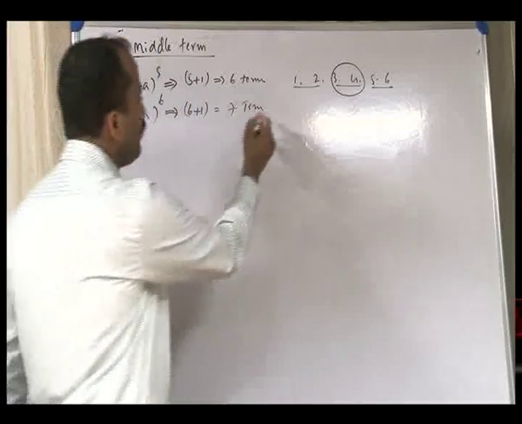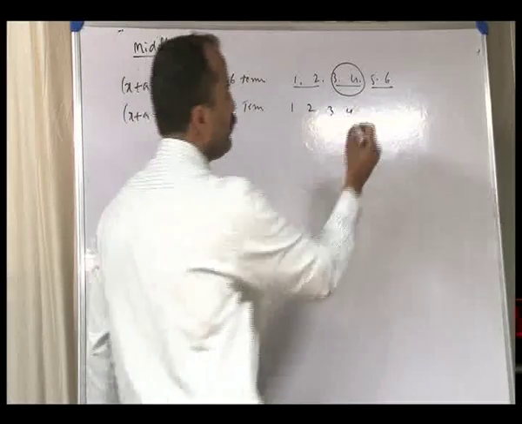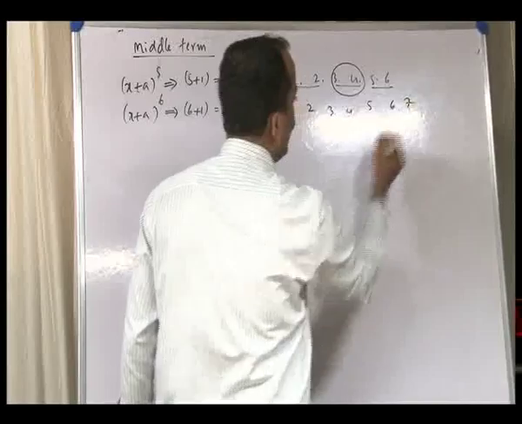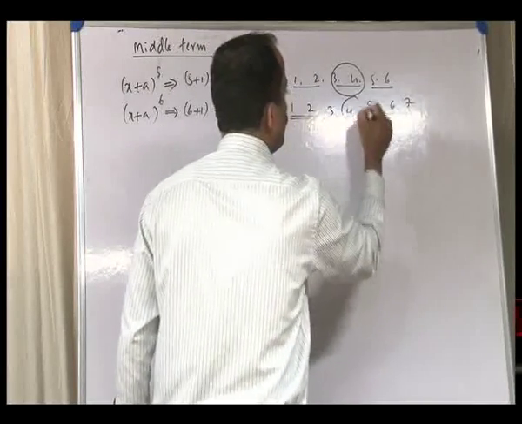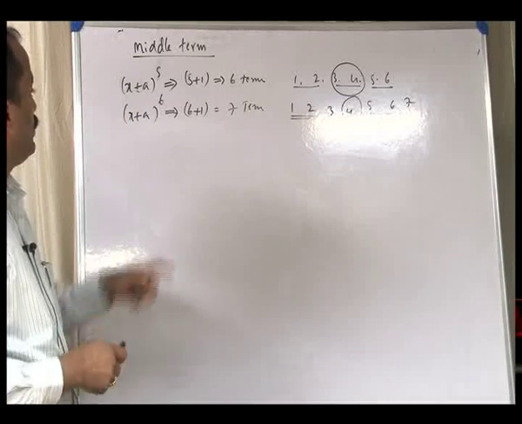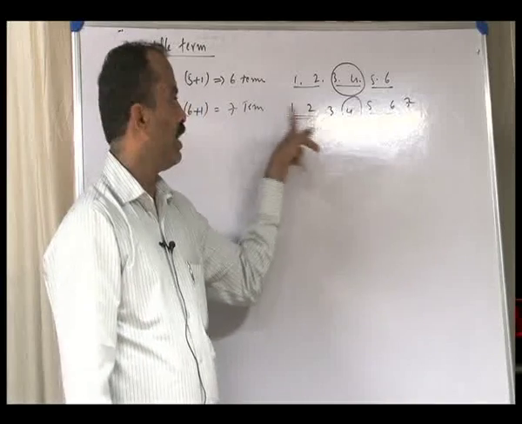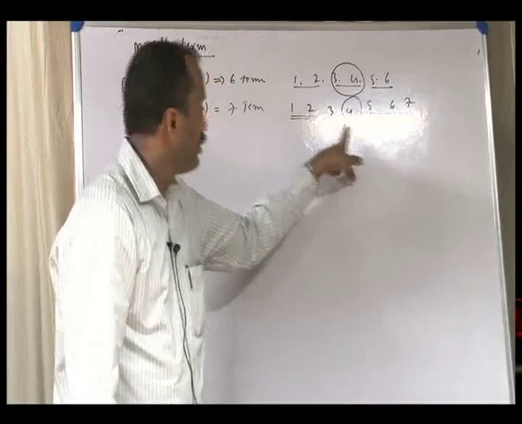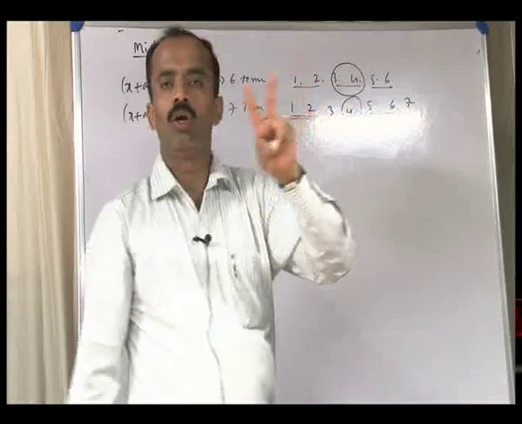Similarly, if it is 7 terms, 1, 2, 3, 4, 5, 6, 7, the middle term is the 4th. Means if it is (x + a) whole to the power of 6, the number of terms is 7. Therefore, we get only one middle term. Suppose it is (x + a) whole to the power of 5, how many middle terms? There are 2 middle terms.